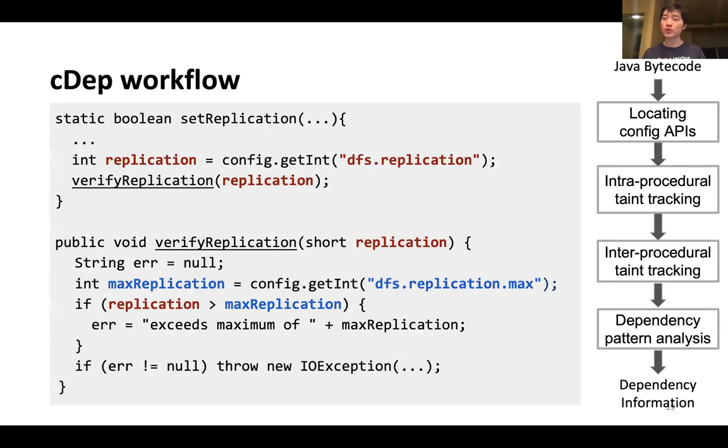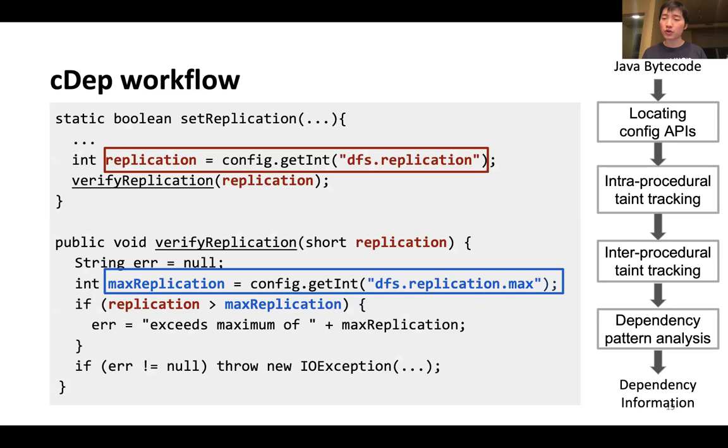So here is a concrete workflow of cDep. First, cDep will try to locate the configuration APIs, which is getInt in this specific example. This function is used to read the parameter values from the configuration parameter file into the program. In this example, it is used to read the parameter values of dfs.replication and dfs.replication.max.